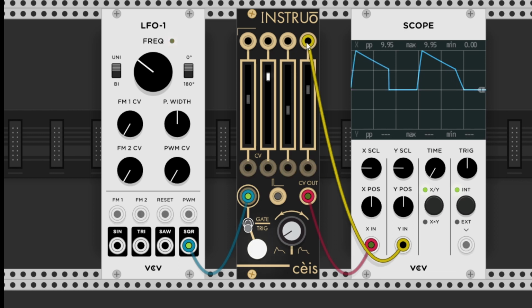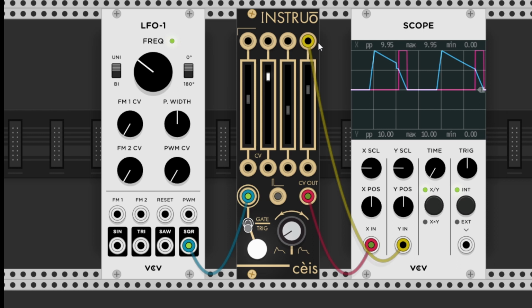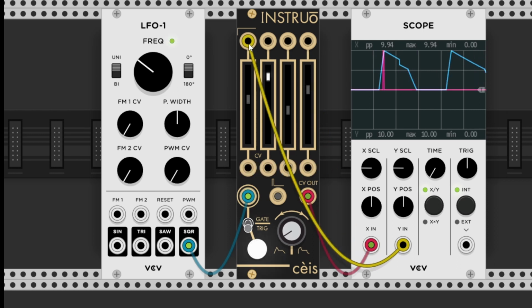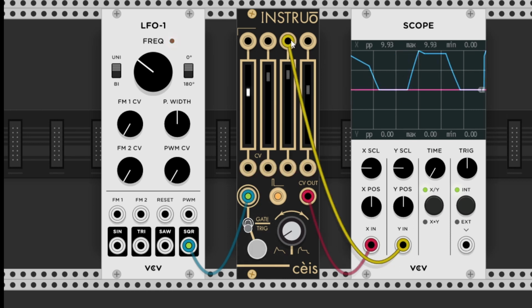During this phase, the jack here sends a gate out during its release phase, and here during its attack phase, which is quite short. Let me increase it. It's too much. Yeah, so these sliders send, let me put it above. Yeah, now we have it better.